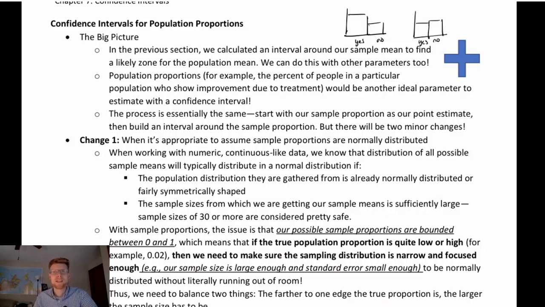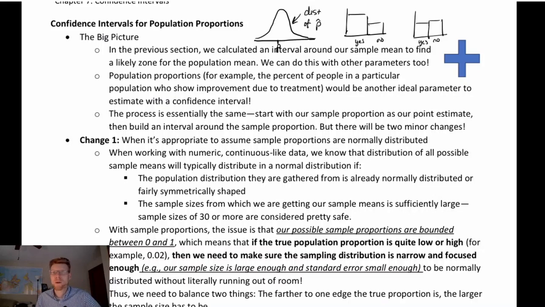However, if I think about the distribution of proportions, even though there exists a true p, a true proportion of people who say yes in a particular population, there is a distribution of possible p hats that I could get that's going to be normally distributed around whatever that is. So let's say that p is here, and this is going to be my distribution of possible p hats that I could get.